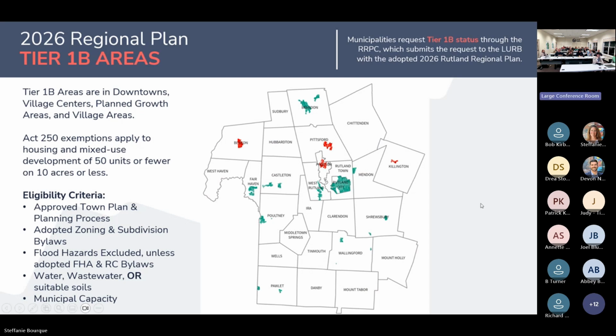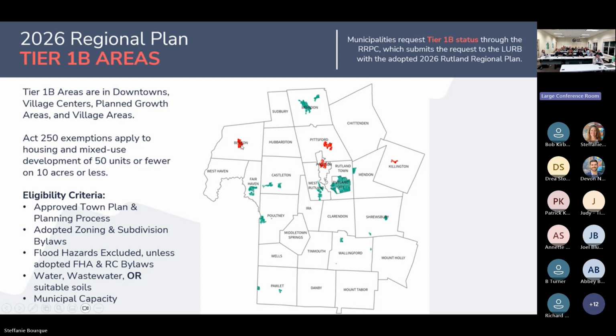The area has to have public water supply, wastewater infrastructure, or suitable soils for on-site septic. And the municipality has to have demonstrated capacity to be able to administer development regulations in lieu of Act 250 in these areas.